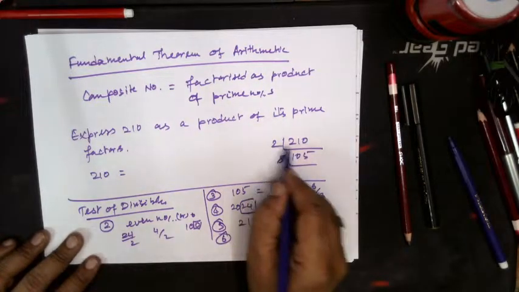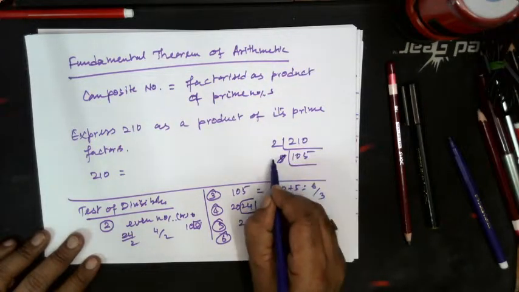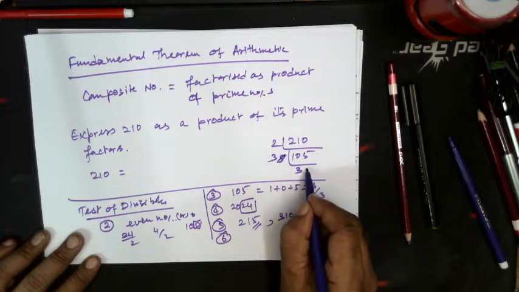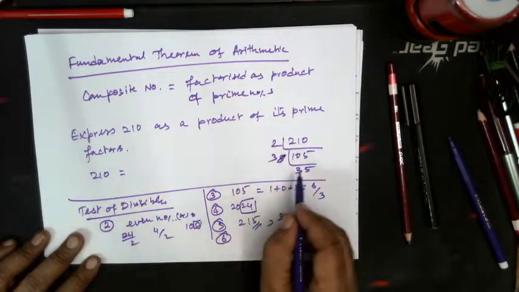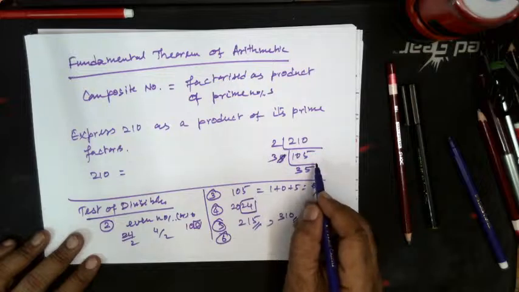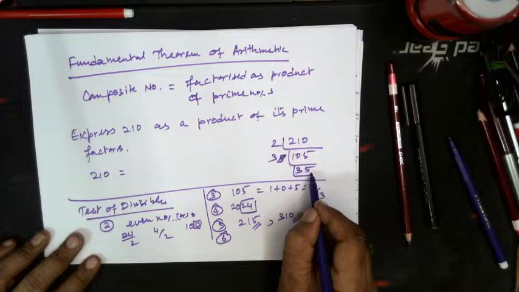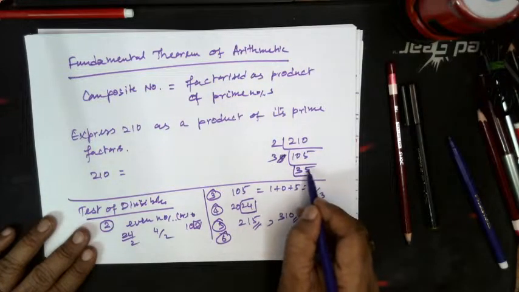Now let me come back here. So 105, 1 plus 5, 6. So 3. 3 threes are 9. And what about this? 5 threes are 15. Correct? And then 35. 35 means 3 plus 5, 8. So it is not divisible by 3. Let us go ahead with 5 because the last number is 5.